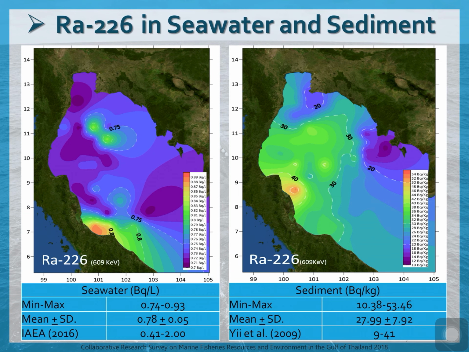For the radium-226, we found an average of 0.78 becquerel per liter in seawater, whereas an average of 27.99 becquerel per kilogram was detected in the sediment sample.